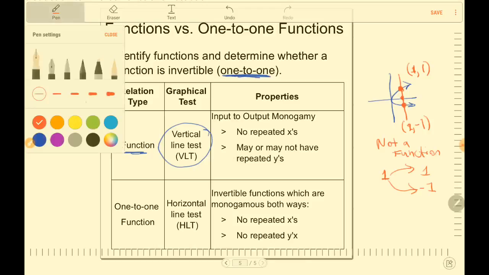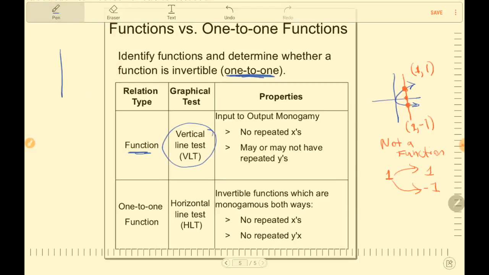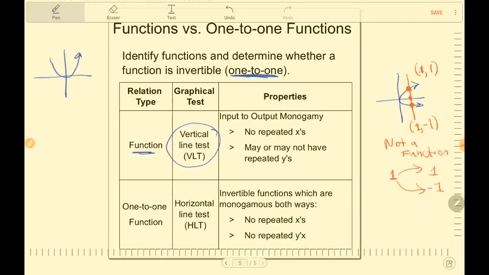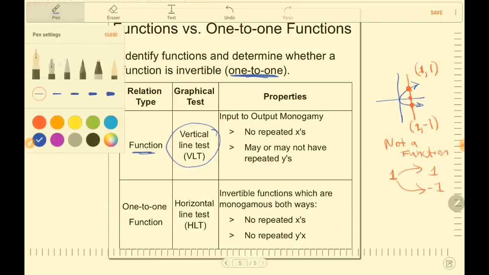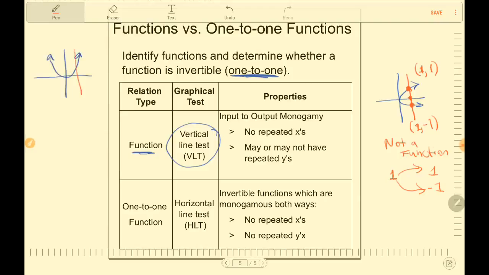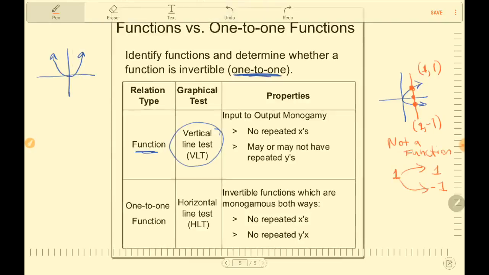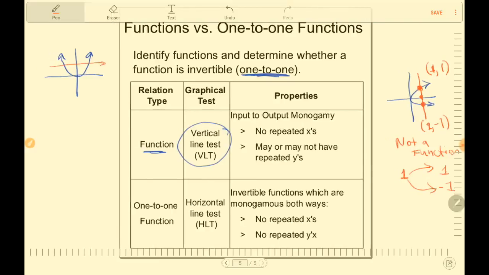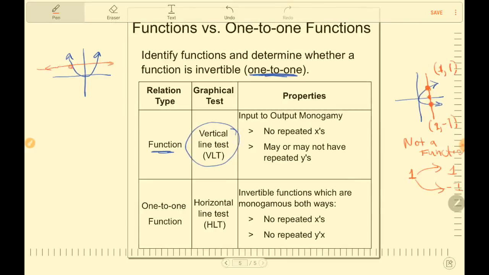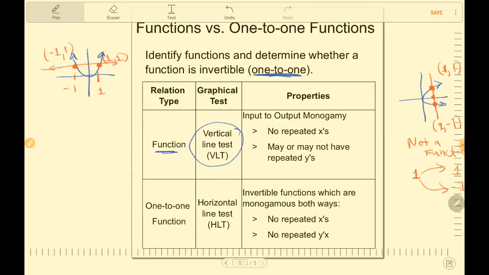So that could be an example like this one. It is a function because no matter where I draw a vertical line, I'm only ever going to be intersecting the curve at one place. So each x value is only going to be assigned one vertical location. However, if I draw a horizontal line, then I have 2 places that could have the same, let me say that again, we have -1 mapping to 1.